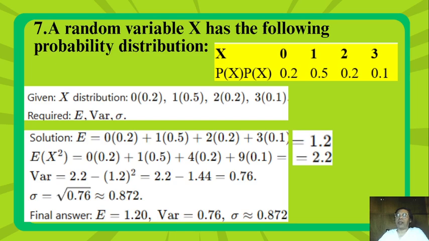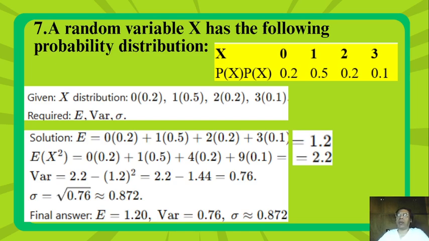And the E of x squared: 0 squared is 0, so we have 0 times 0.2 plus 1 squared is 1, so 1 times 0.5 plus 2 squared is 4, so 4 times 0.2 plus 3 squared is 9, so 9 times 0.1. Taking the sum of the products of these values, our E of x squared is equal to 2.2.